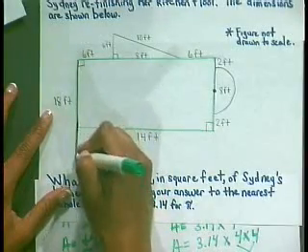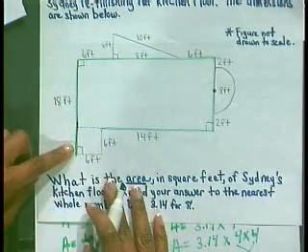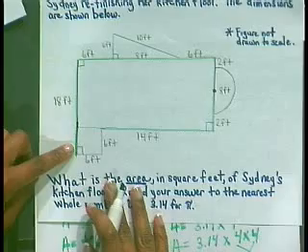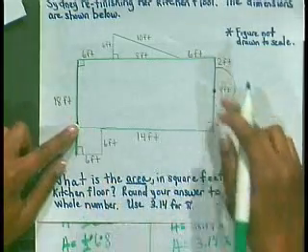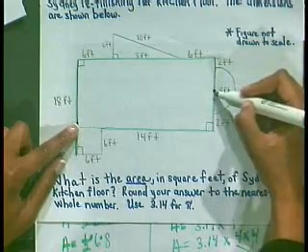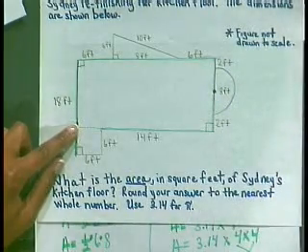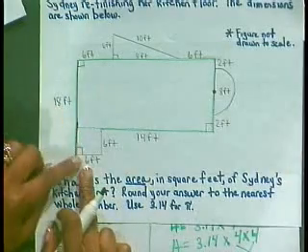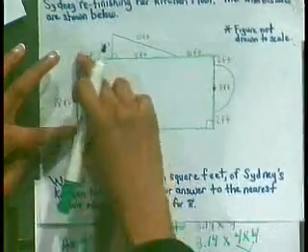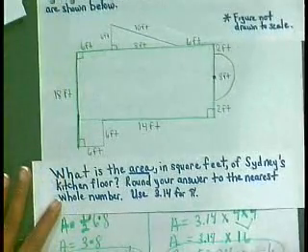Now remember, when we found the area of a square, this little side of the square was actually 6 feet. So we're going to have to subtract that out. Or we can just look at the opposite side, and we know that 2 plus 8 plus 2 will actually give us 12. Okay, or if we subtract 18 minus 6, we still get 12 for the length of this side. So the length of the other side will be 12.